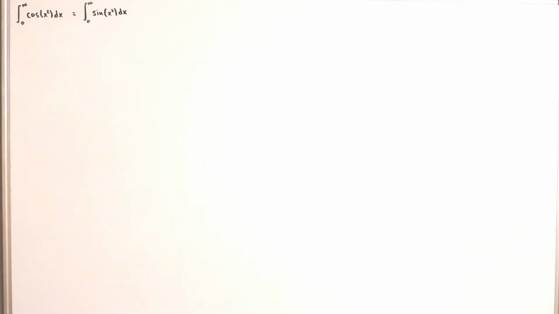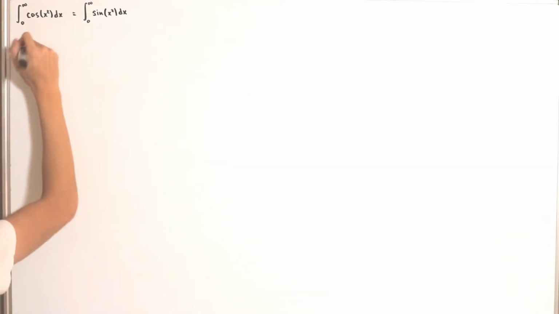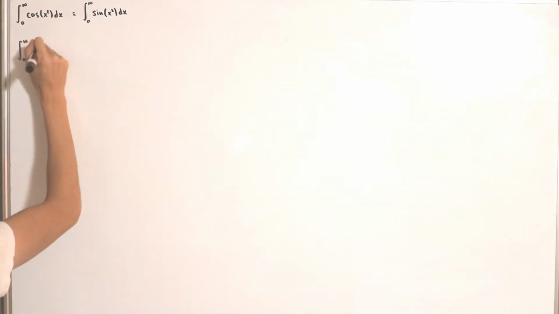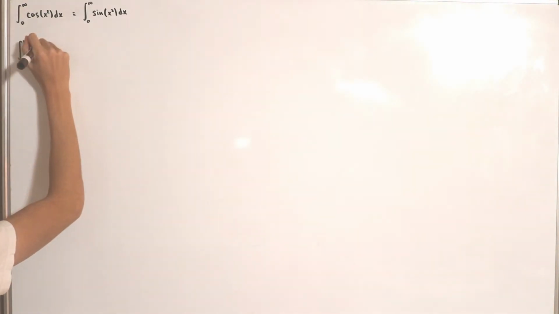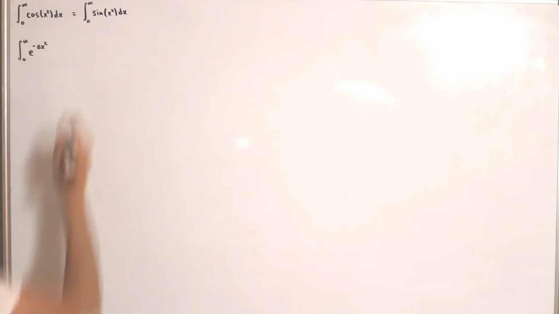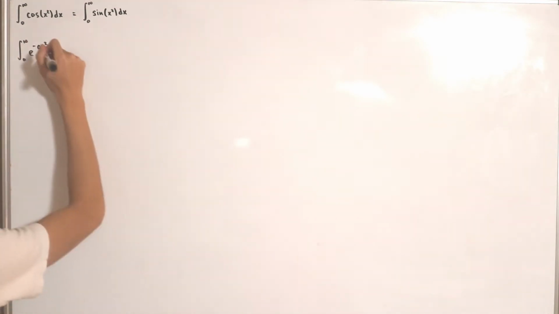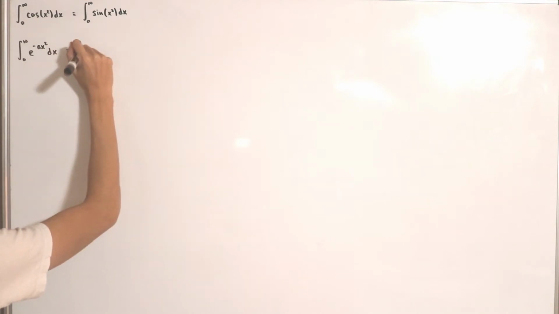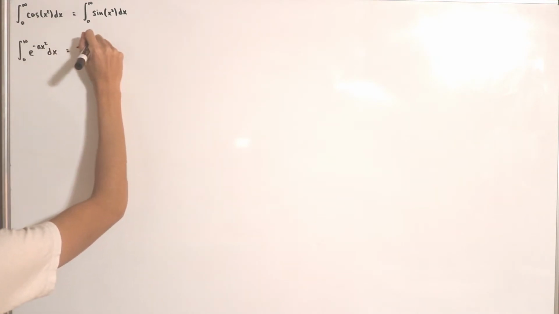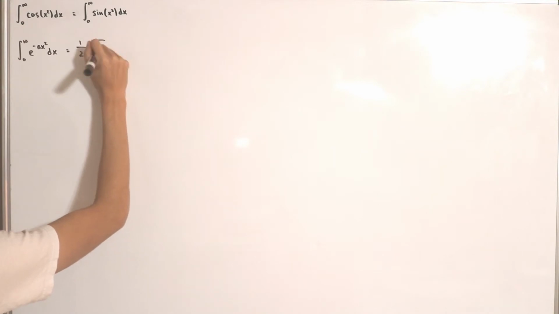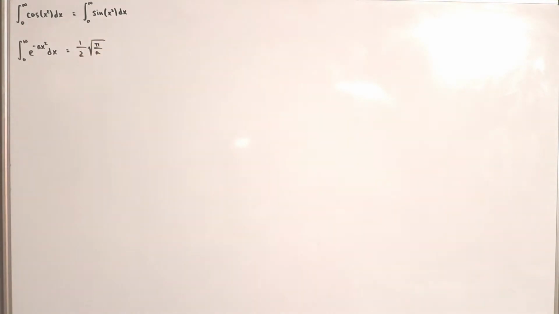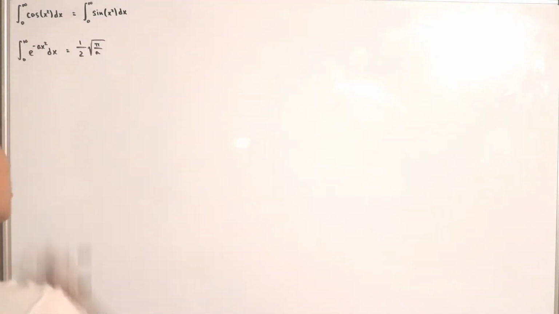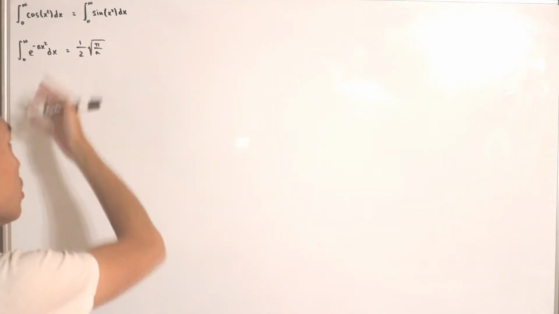Specifically, the tool we want to use is the following: the integral from 0 to infinity of e to the negative a x squared, where a is some constant, dx, is equal to 1/2 multiplied by the square root of pi divided by a. Originally I did the Gaussian integral where our constant is just equal to 1, so standard.